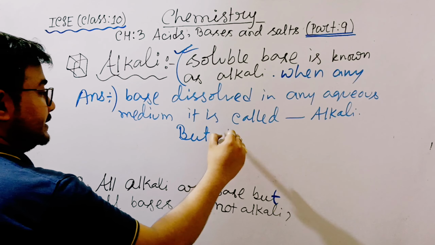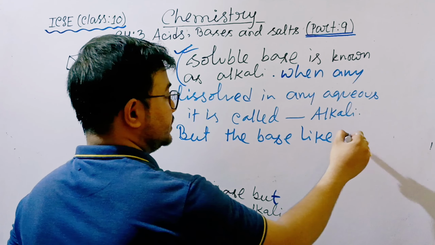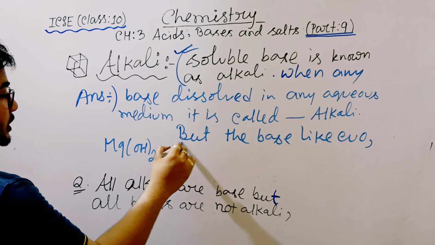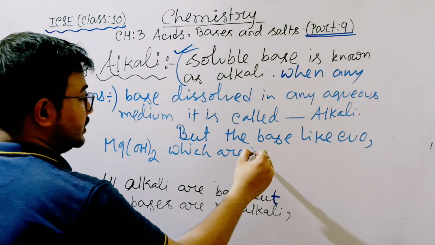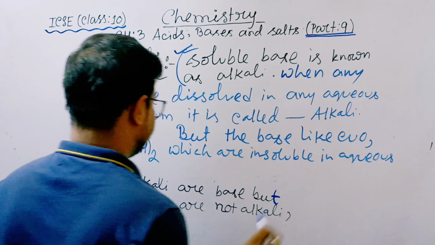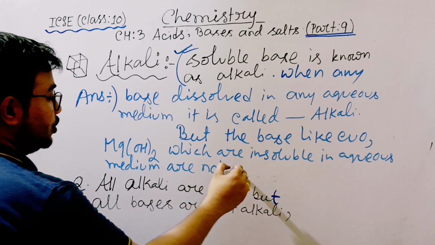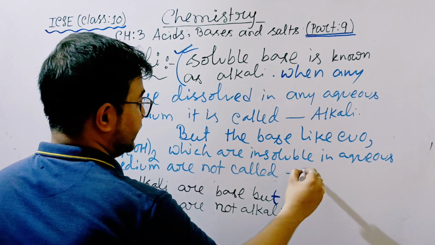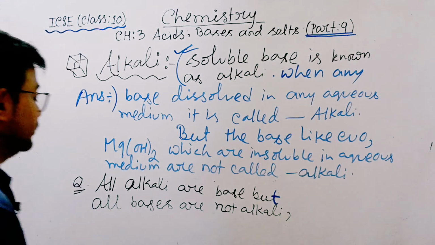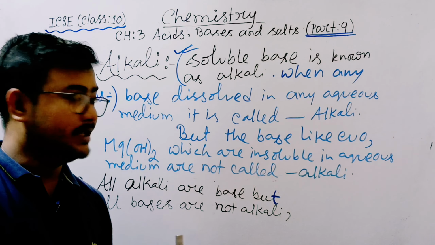But the bases like CuO, Mg(OH)2, which are insoluble in aqueous medium, are not called alkali. Full stop. That is why all alkali are bases, but all bases are not alkali.